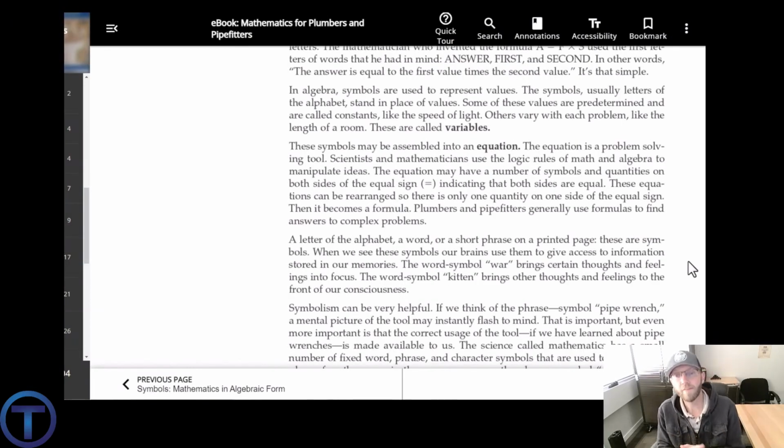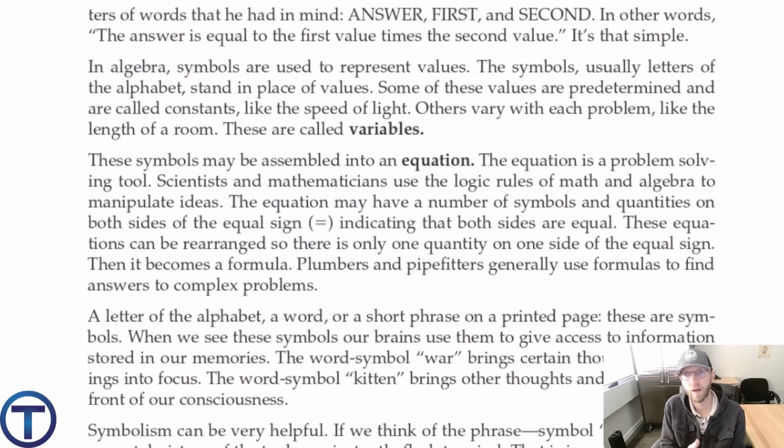Let's talk for a minute about a variable. A variable are those numbers that we can switch out within a formula. But when it comes to these equations, what you need to just kind of understand is that a variable is just a symbol. We use symbols all the time. They use down here in the text the symbol of, we put some letters together and we write the word war.